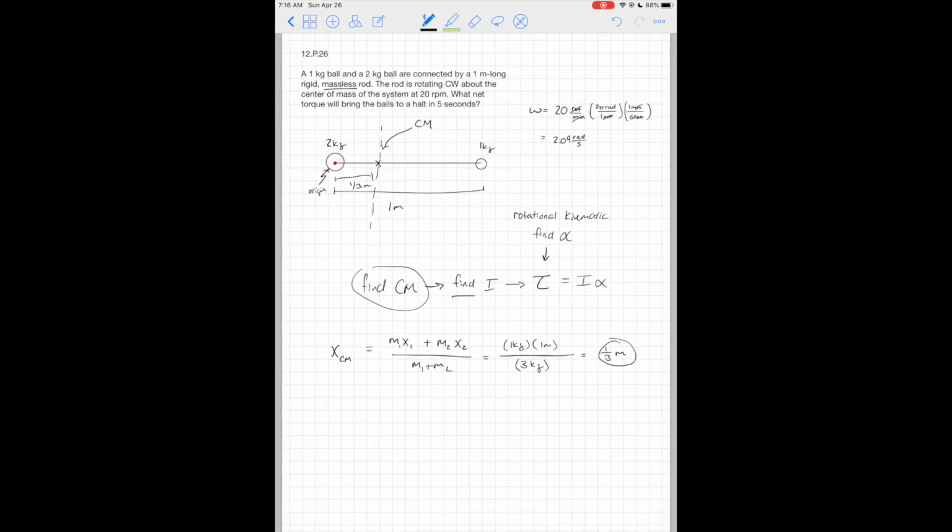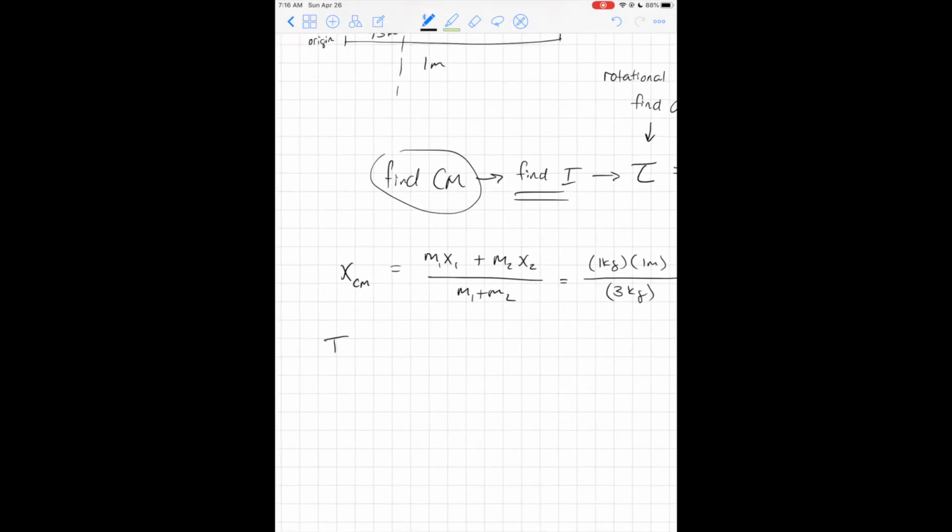So now I can move on to finding I. I total here is going to be the sum of the I's, and since these are essentially point masses, they're spheres, they're balls, but I haven't given them any sort of size here.